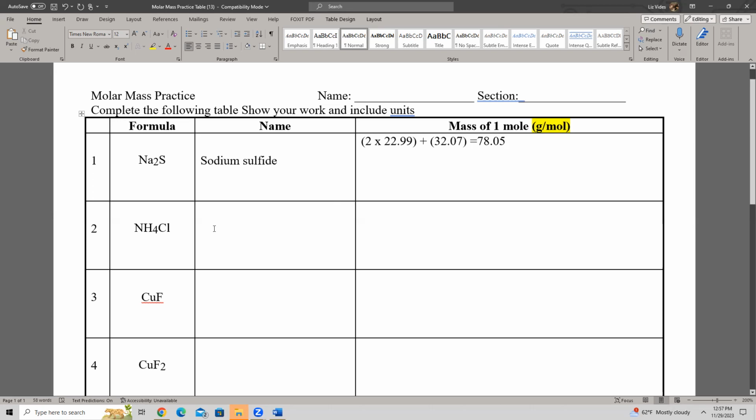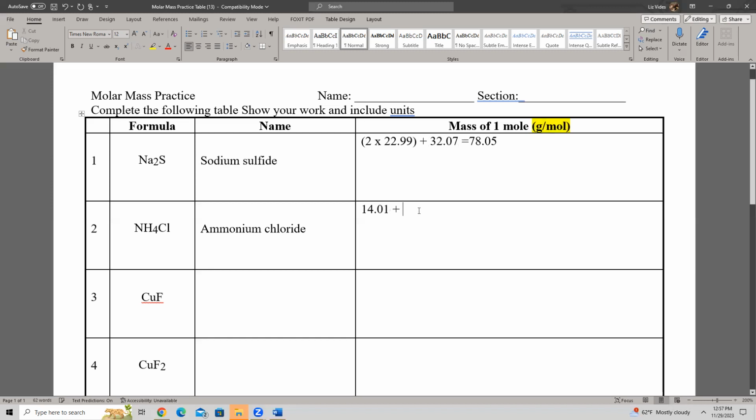All right, this one is called ammonium chloride. Chloride again, because it is the single element. And in this case, we have one nitrogen at 14.01, plus, and I put parentheses on this one, but I really didn't have to because nothing's being multiplied, as you can see, because there's only one, right?